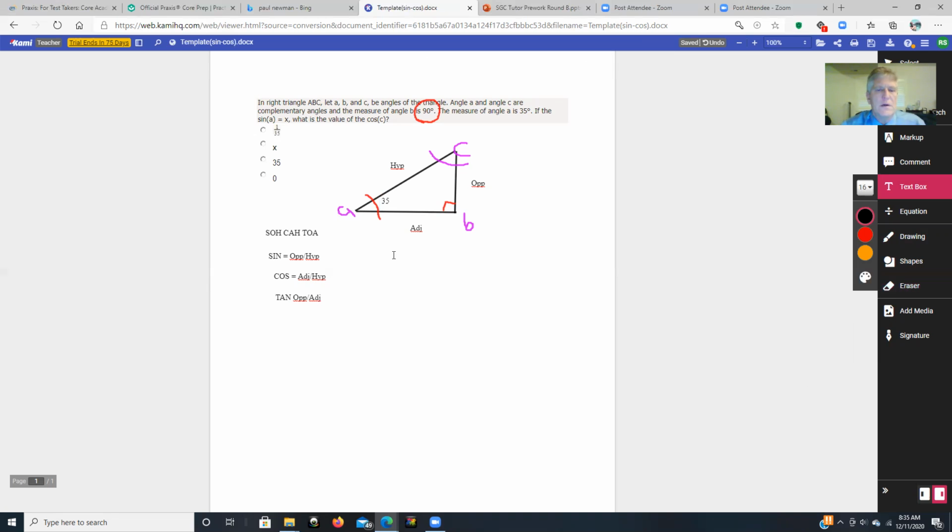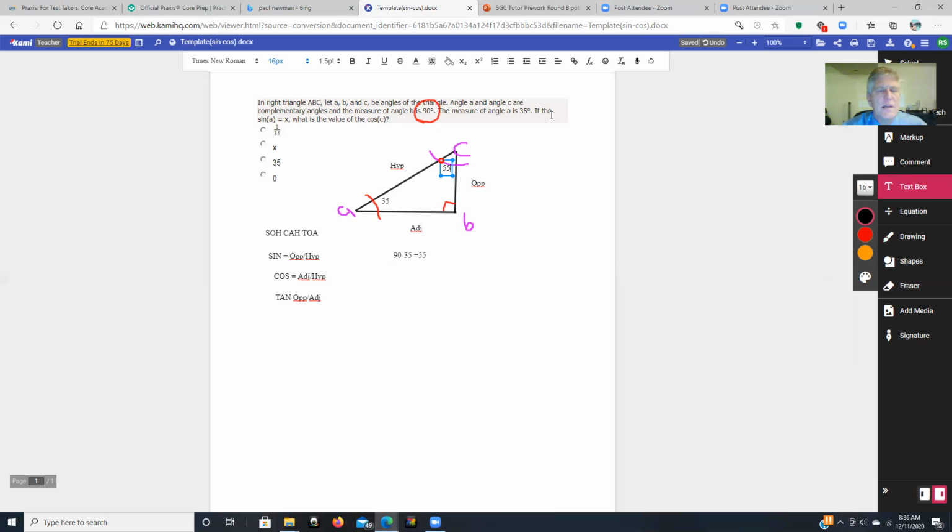Well, they're complementary, so it's going to be 90 minus 35, which is going to be equal to 55. So this angle up here is equal to 55. So we're just putting down all the information that we know. This one is 35 degrees, this one is 55 degrees, this one is 90 degrees.